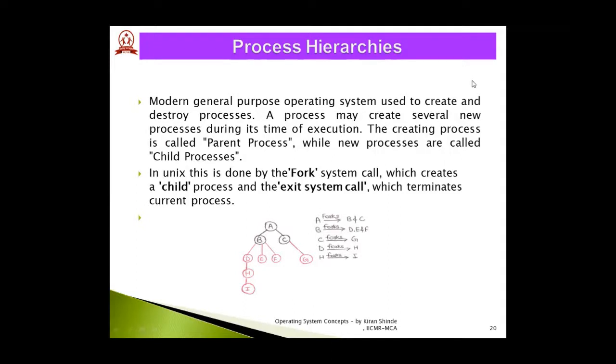So the first process which is created with the new state will be called the parent process, and if there are some sub processes created in line with that process, those will be termed as children or child processes. In the Unix operating system, this creation of children processes is done by the fork system call, which creates a child process, and the exit system call will terminate the current process.